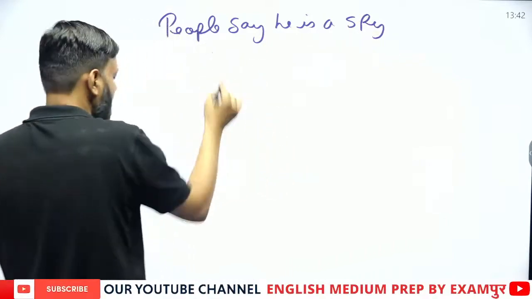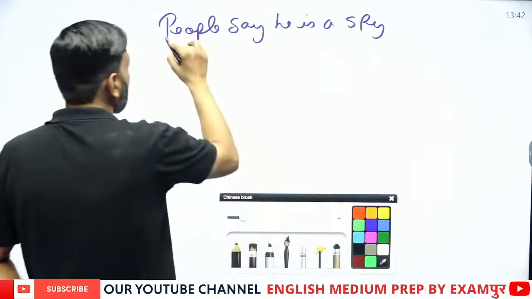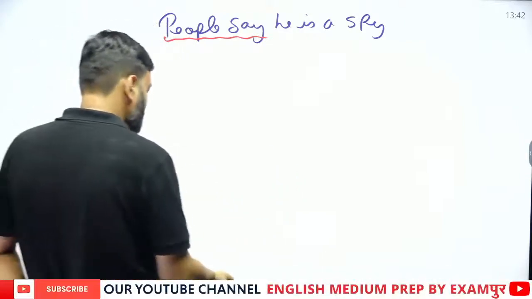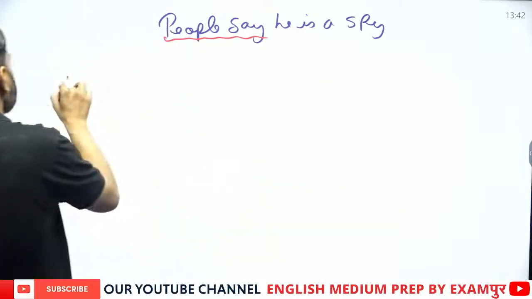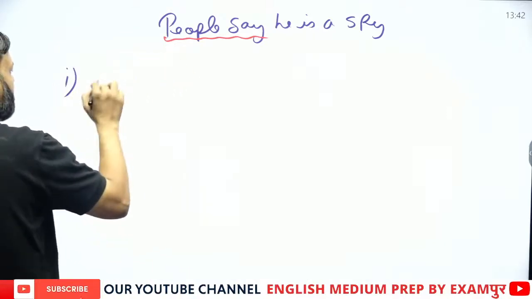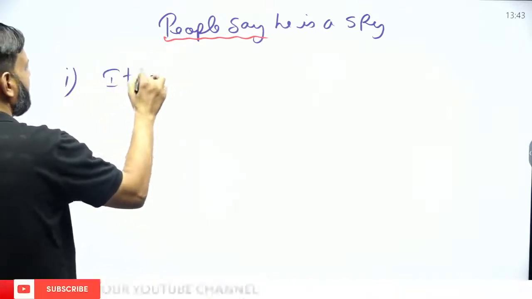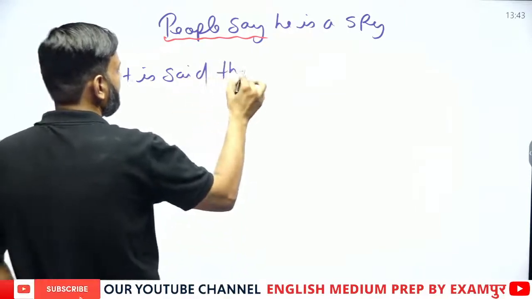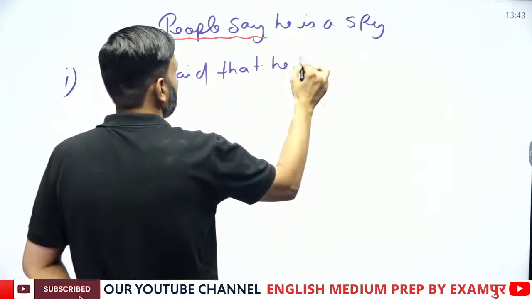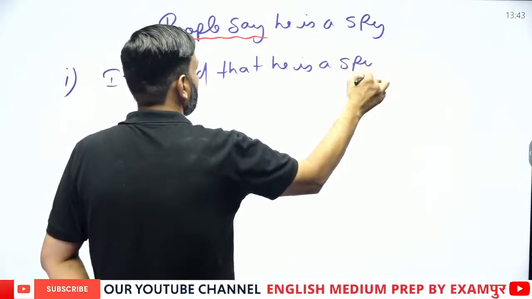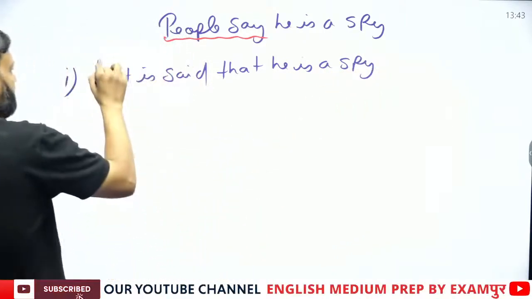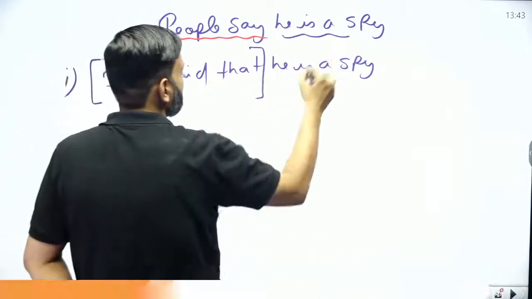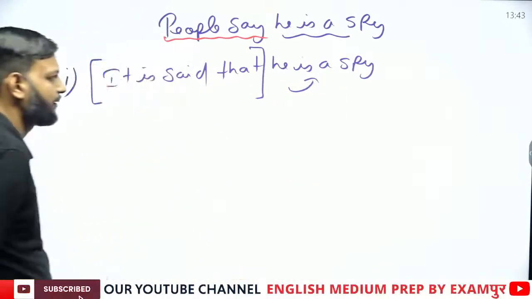Whenever a sentence starts with people say, this sentence can be changed into passive in two ways. One, change people say into it is said that he is a spy. Just change people say into it is said that, and the remaining sentence as it is.